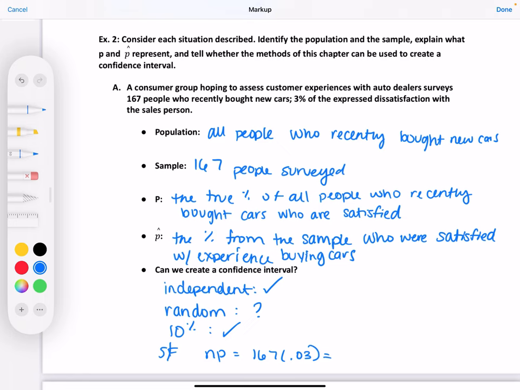You're off by 1. You carried a 1 and not a 2. 5.01. Yeah. So 5.01, which is less than 10, and it has to be greater than 10. So no. So we cannot, basically.